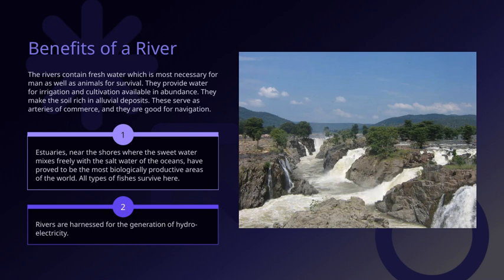Near the shores, we find estuaries. These are unique zones where sweet freshwater from rivers mixes with the salty ocean water. These areas are incredibly biologically productive, supporting a diverse range of aquatic life, including many species of fish that thrive there. Furthermore, rivers are harnessed for generating hydroelectricity.